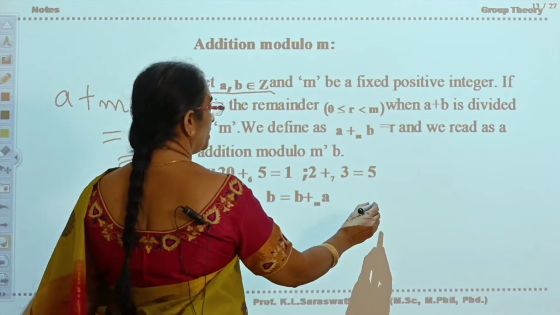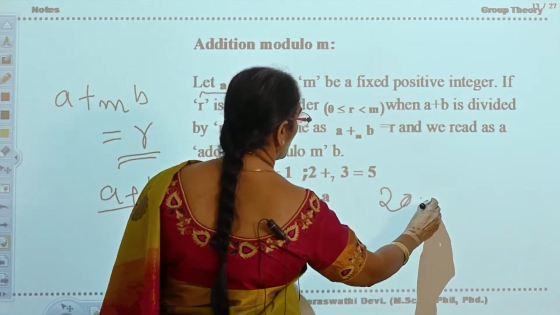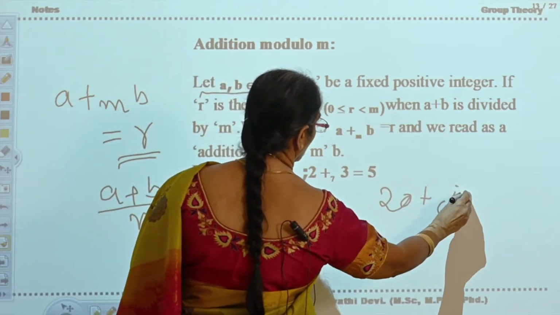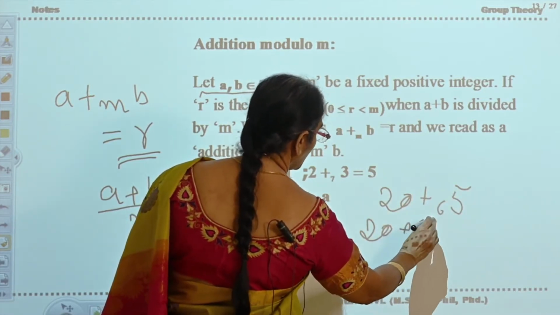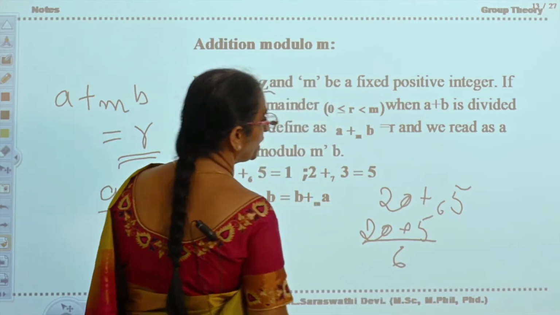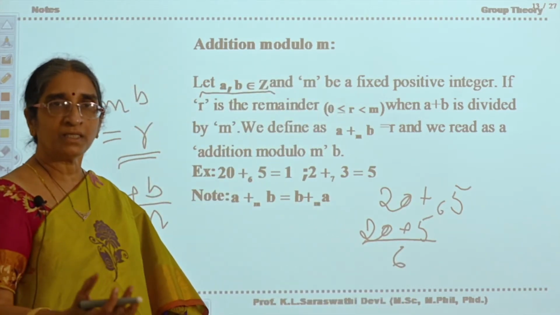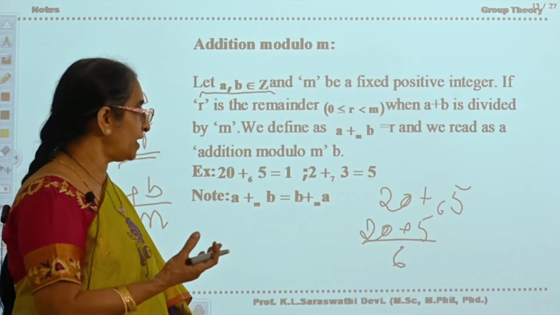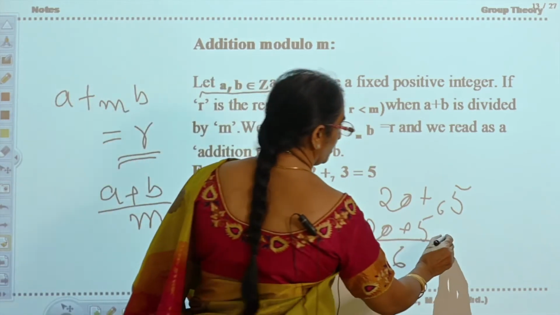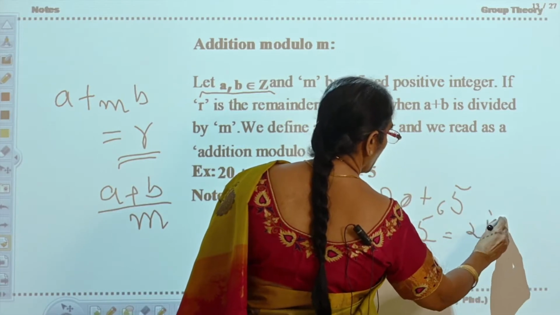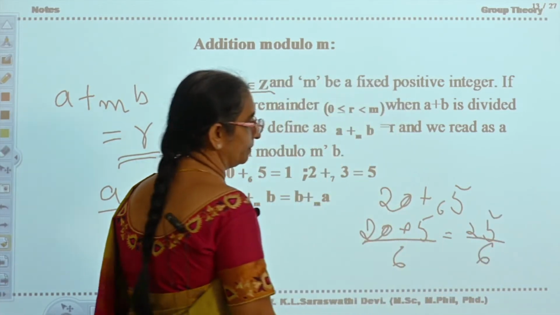The meaning of that is, if a plus b is divided by another integer m, then the remainder is the value. For example, if you take 20 addition modulo 6, 5, here 20 plus 5 is 25, and you have to take 25 by 6. 6 goes 4 times, 24, so what is the remainder? The remainder is 1.